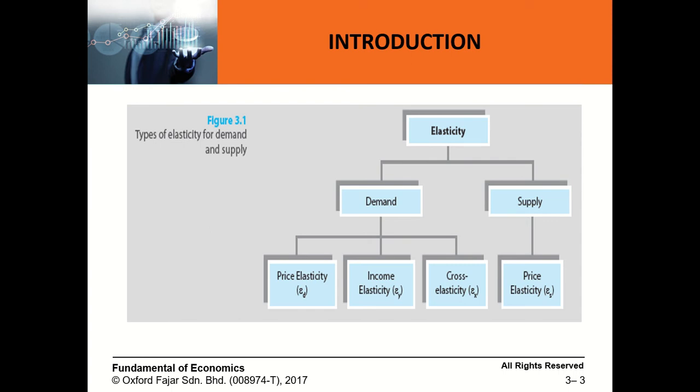As for today, I will discuss the third type of elasticity of demand, called cross elasticity of demand. And after that, we will discuss the price elasticity of supply. So these are the things that we will discuss today.